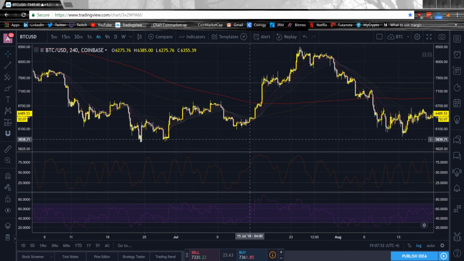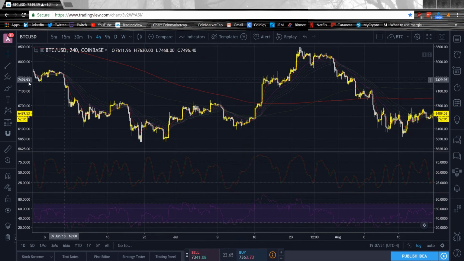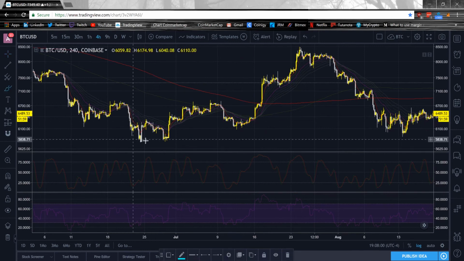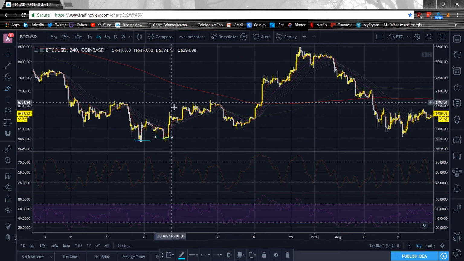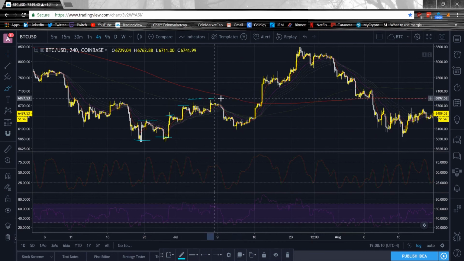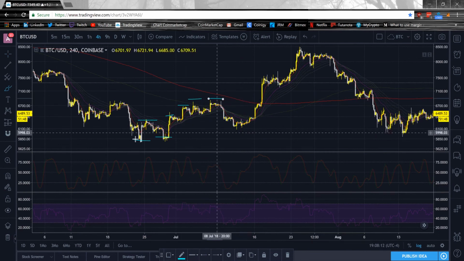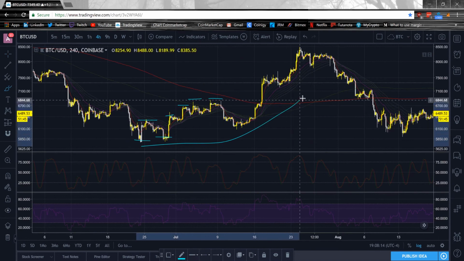This might actually be counter trend to the cycles on the 30-minute. So let me explain what I'm talking about. We've got our higher lows and higher highs. So this is an uptrend right now. Right, this is the uptrend.